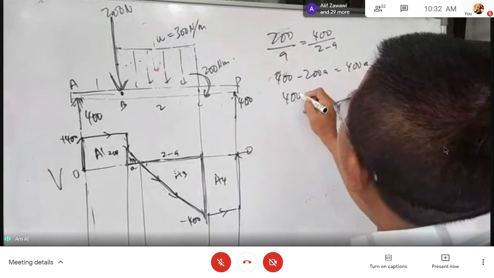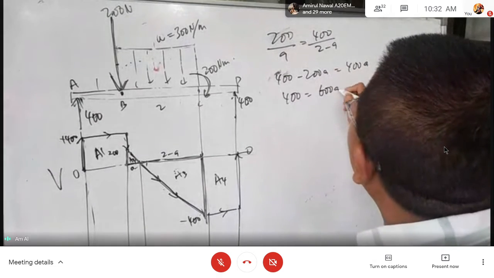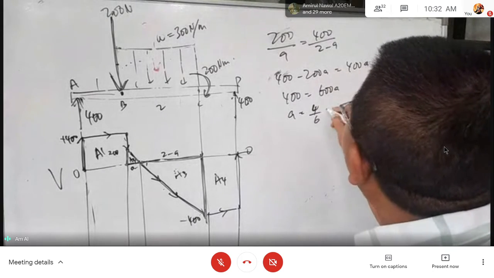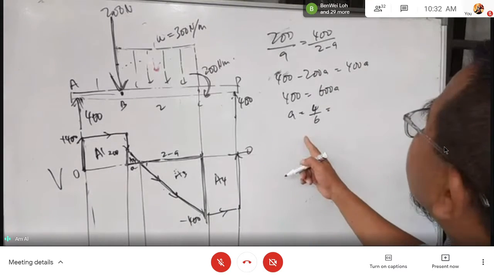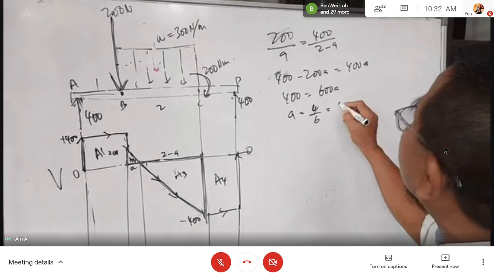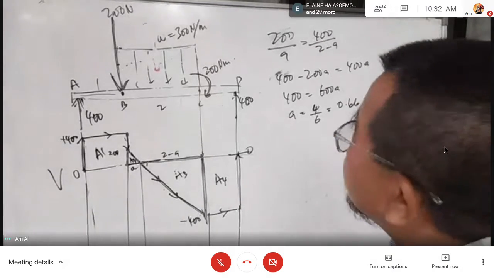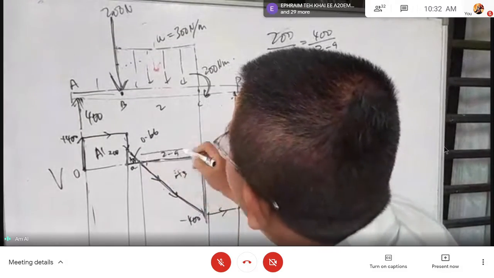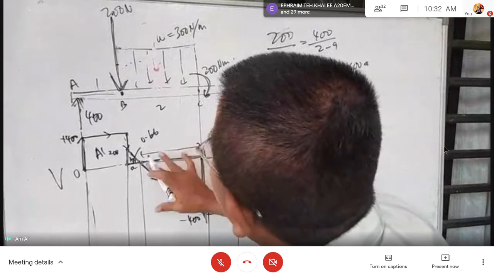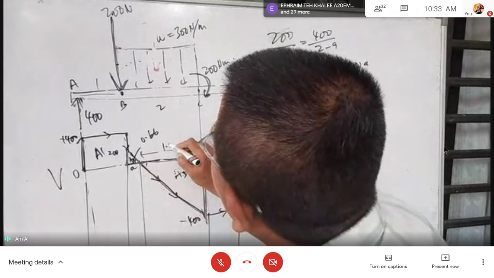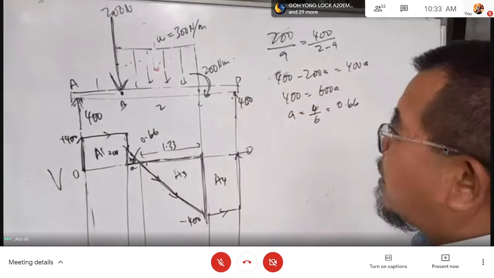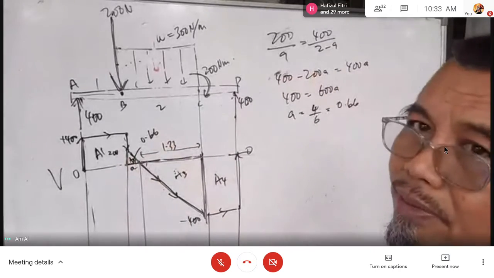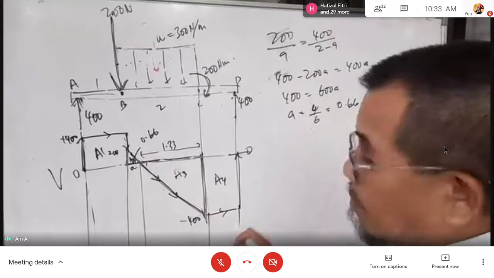So 400 is equal to 600A. So my A is equal to 4 over 6, equal to 2 over 3, 0.66. So this is 0.66, and this must be 1.33. So we solve that one by simple mathematics.